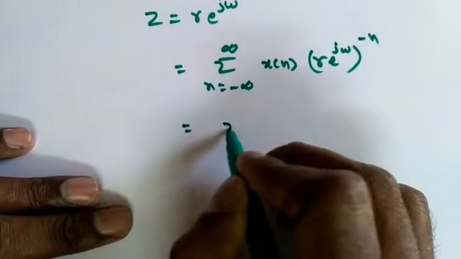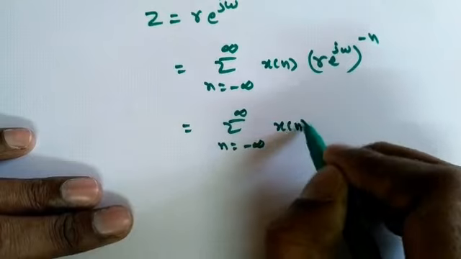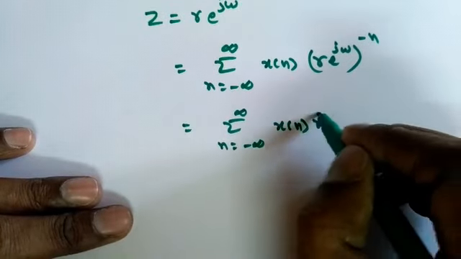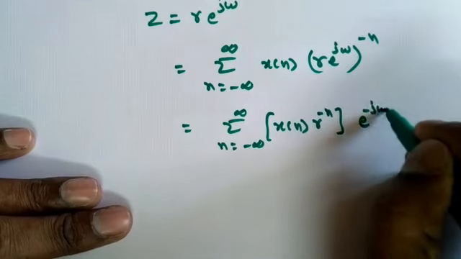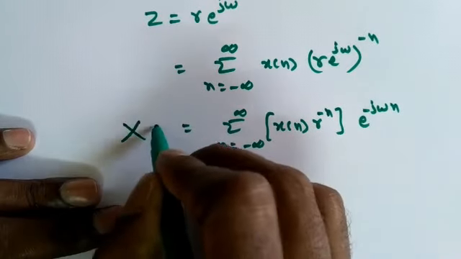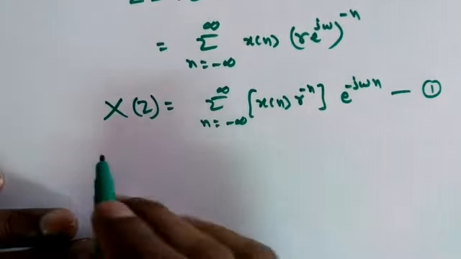If I separate this, it becomes r power minus n separated from e power minus j omega n. This is x of z, the z transform. Suppose this is the equation.